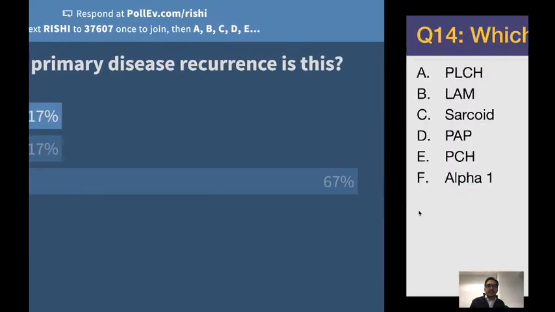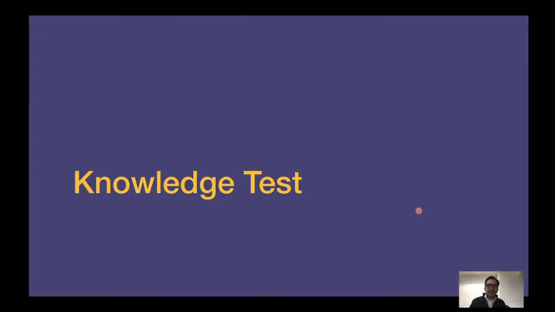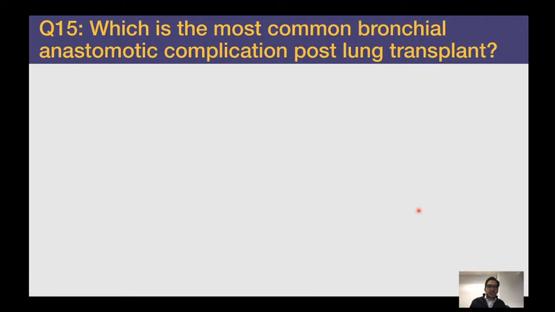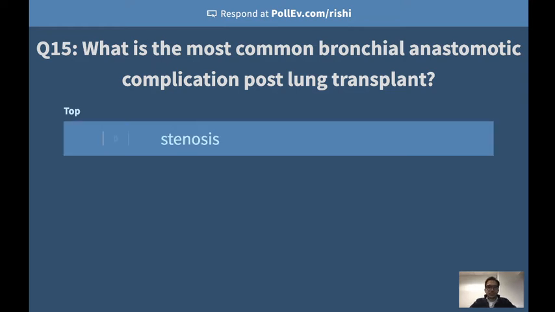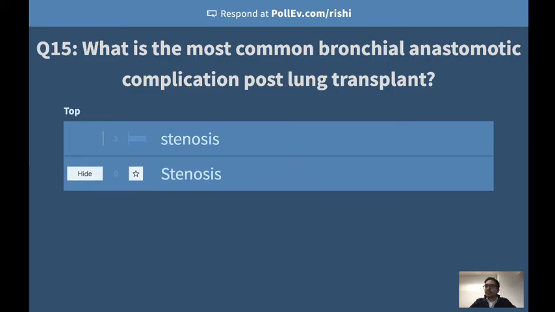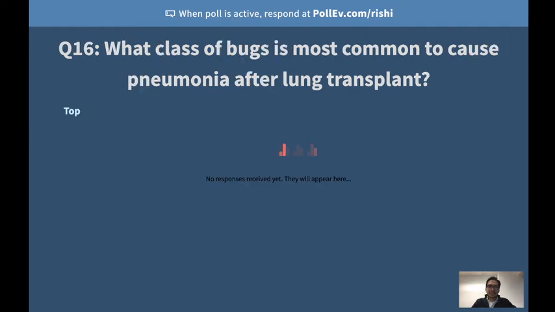Okay. All right, so let's do a knowledge test. A few quick questions here. Which is the most common bronchial anastomotic complication post-lung transplant? And this is an upvote question. Most common bronchial anastomotic complication. I'm going to answer here also. Okay, good. Stenosis. How about this?